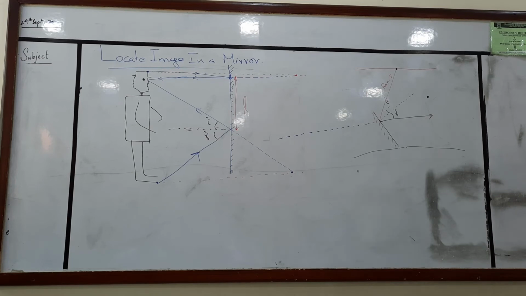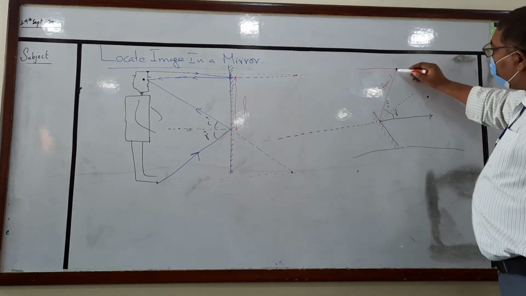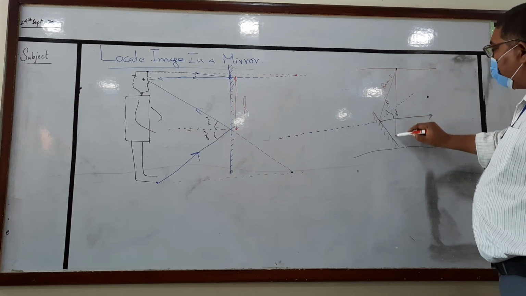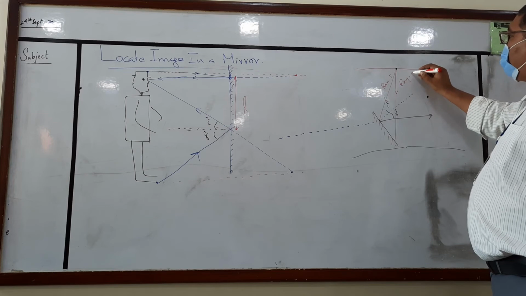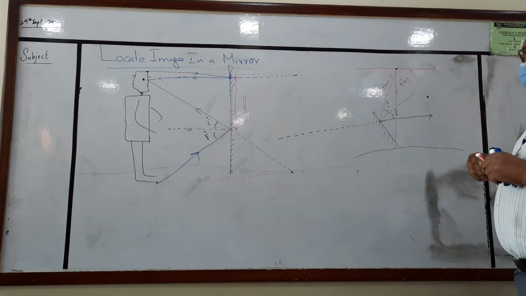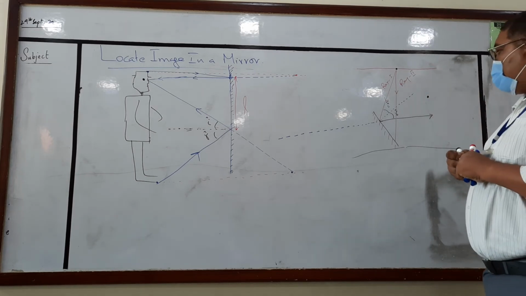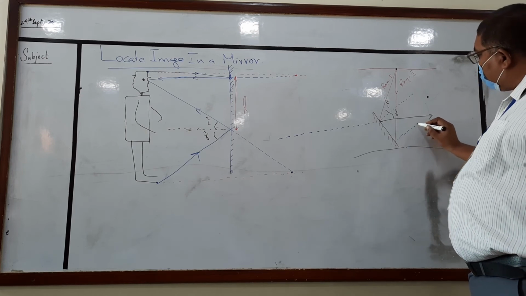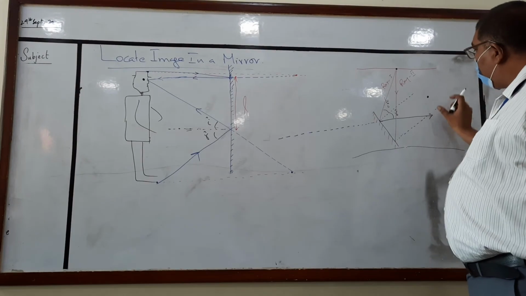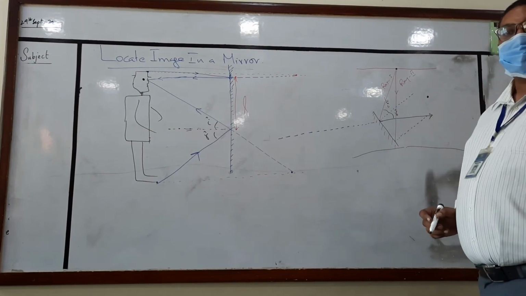Let's try another ray. For example, another ray from the same point comes here. This is ray number 2. At this point, I will draw a normal. The normal is a line which makes a 90-degree angle with the surface of the glass.